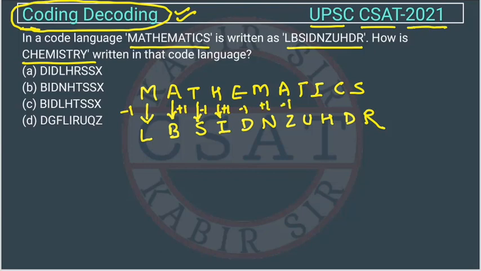A is converted into Z, right? And here +1 again, and I is converted into H, so this is -1 again, right? C is converted into D, so this is +1 again, and the last digit this is -1. So you can see like what is happening, they have alternatively writing one letter before it and one letter after it. So the same concept we will apply in chemistry, right?